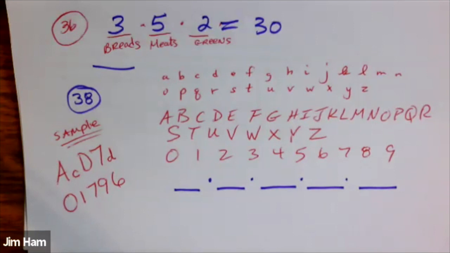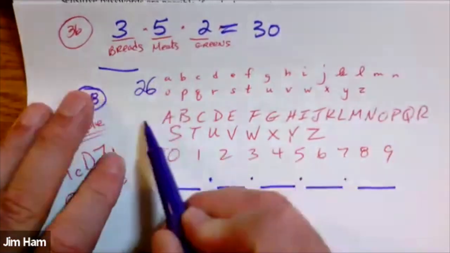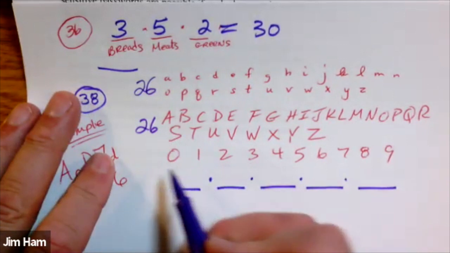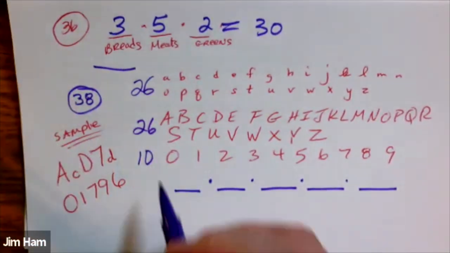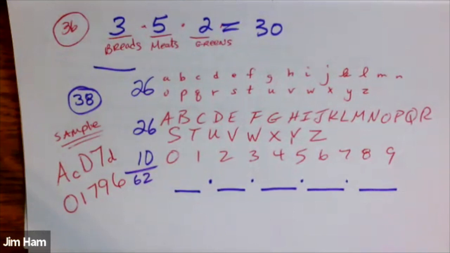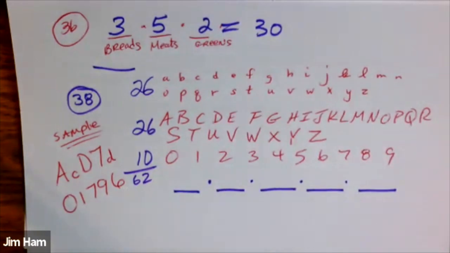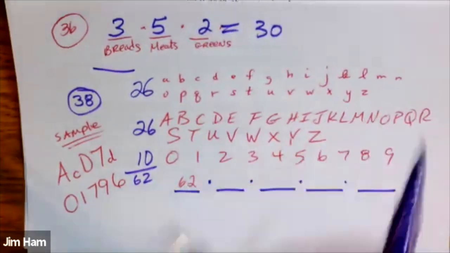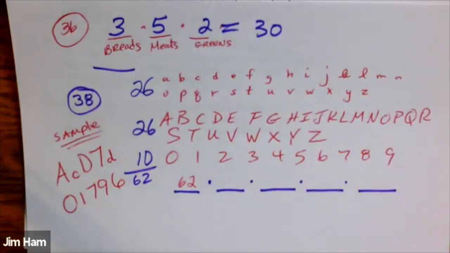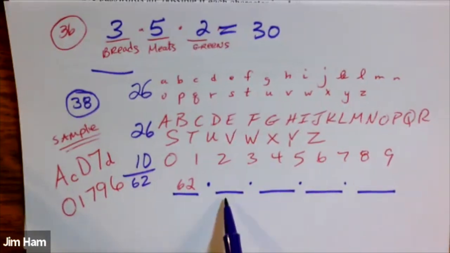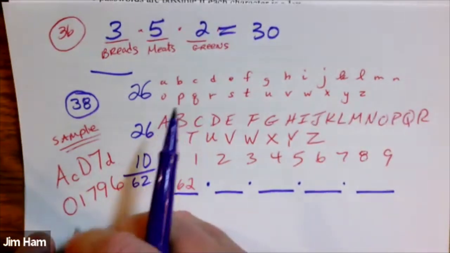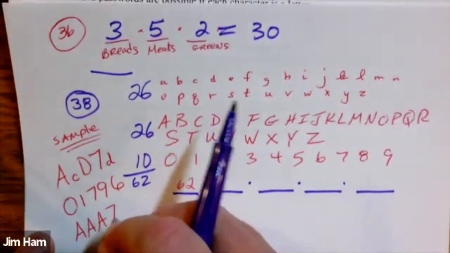Okay, so we have 26 lowercase letters, 26 uppercase letters, and we have 10 digits. So when you add those together, you get 62. So the first character that you choose has to be one of those 62. So there's 62 possible characters that you could use for that first letter. Well, then we go to select the second letter. Now, there is no requirement on repeated characters. So one of the legal ones could be A75, right?